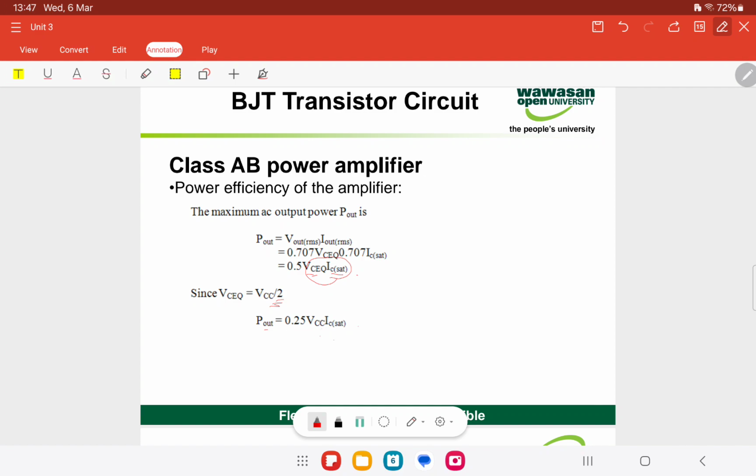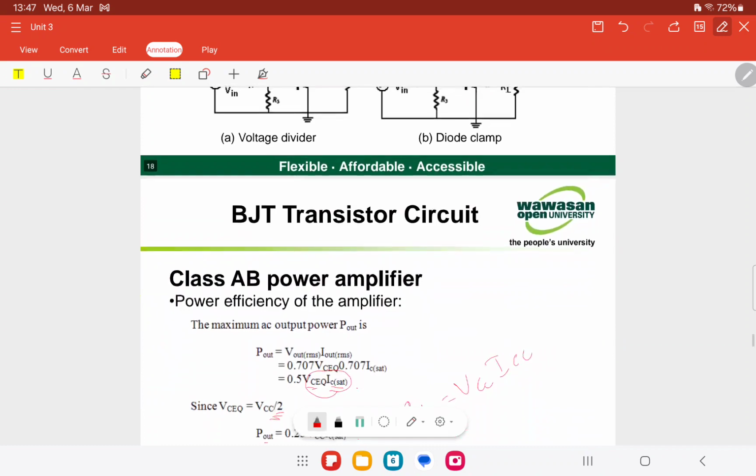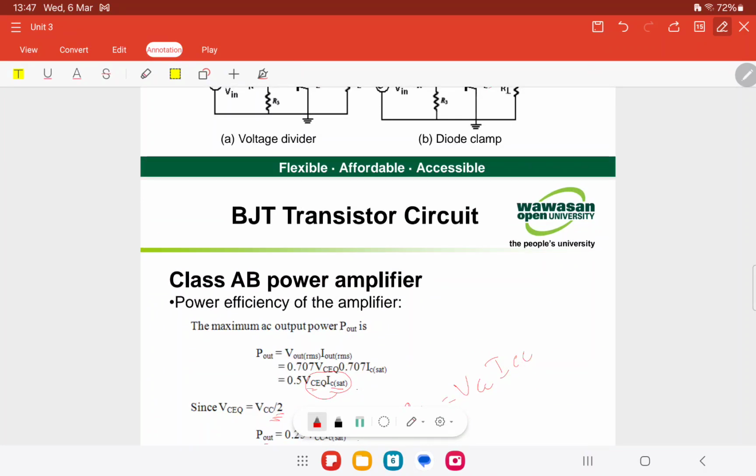For the DC input, PDC is VCC ICC. Each transistor only drives current for half a cycle, and another half cycle. Therefore the current is a half-wave signal, whose average value of ICC is IC saturation over pi, so PDC is VCC IC saturation over pi.